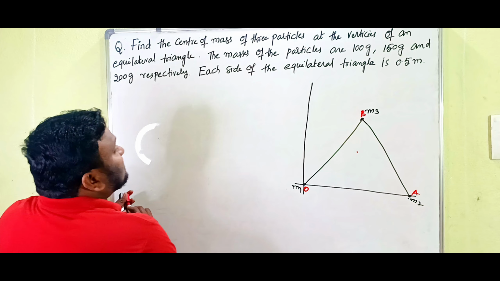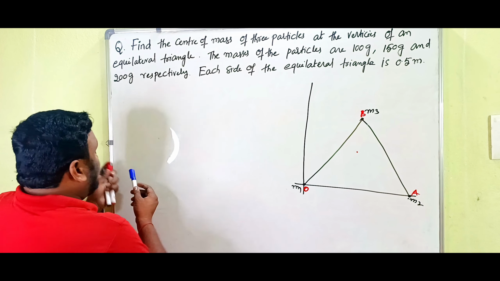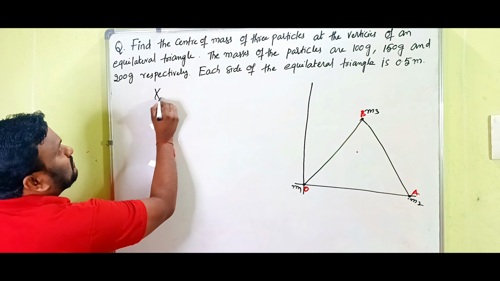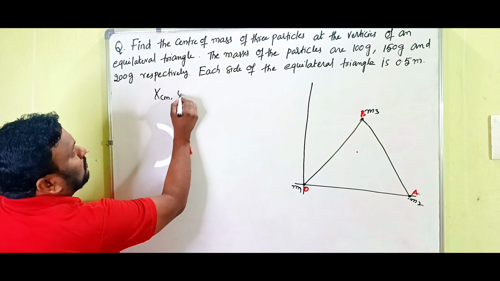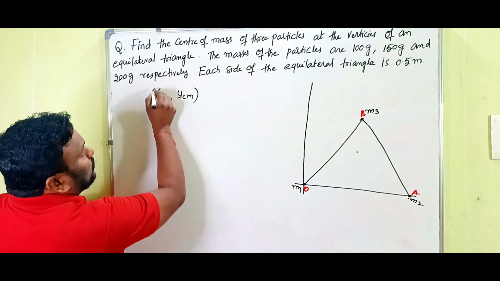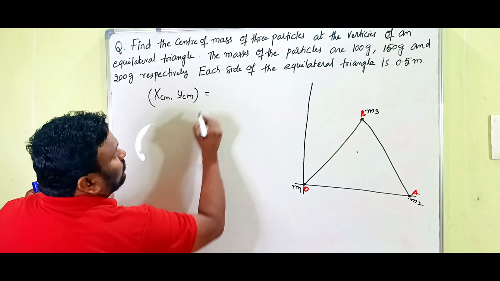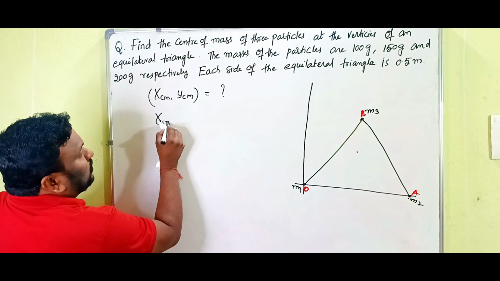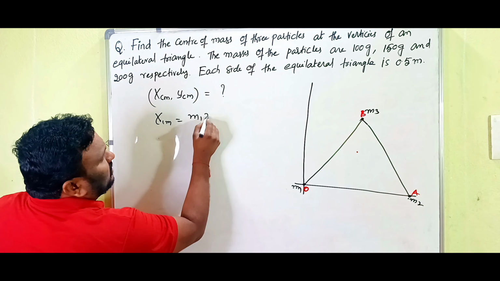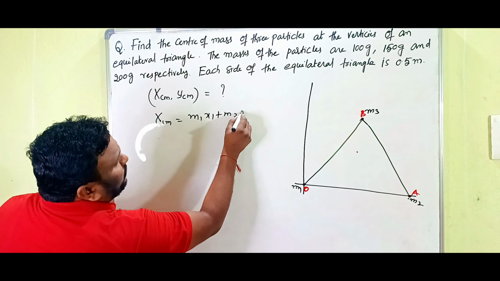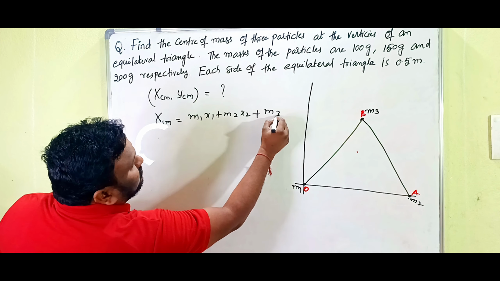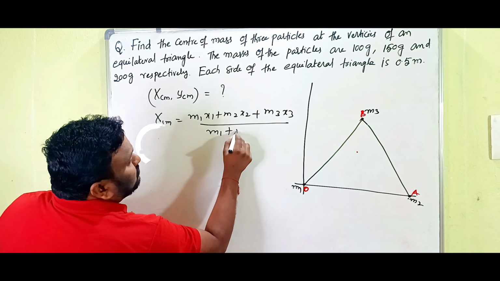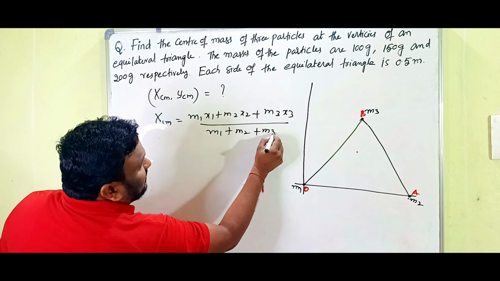Here we have to use the formula. The center of mass can be represented as xcm, ycm, because it is in the xy plane. The xcm formula is, as usual, m1 x1 plus m2 x2 plus m3 x3 divided by m1 plus m2 plus m3.